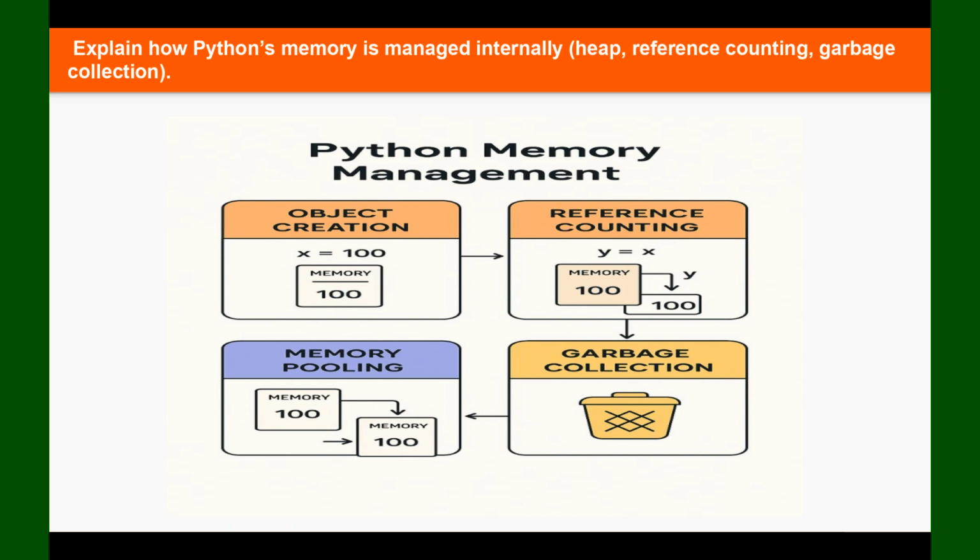Explain how memory is managed inside Python. There are various ways of memory management in Python, like heap memory, reference counting, and the garbage collector. Heap memory stores all Python objects.